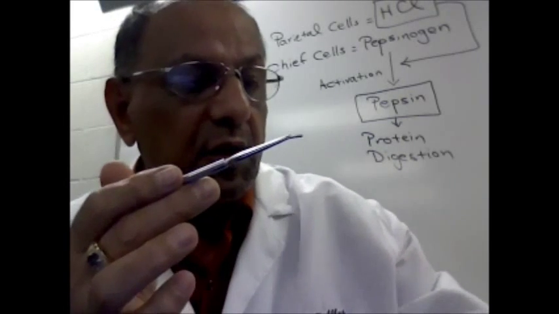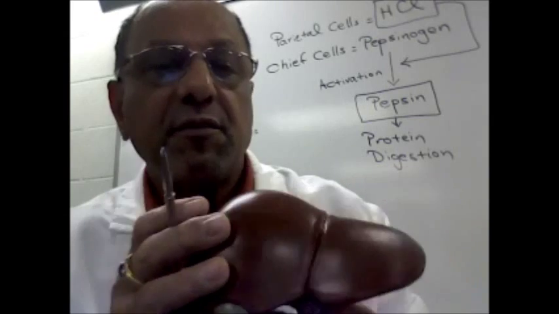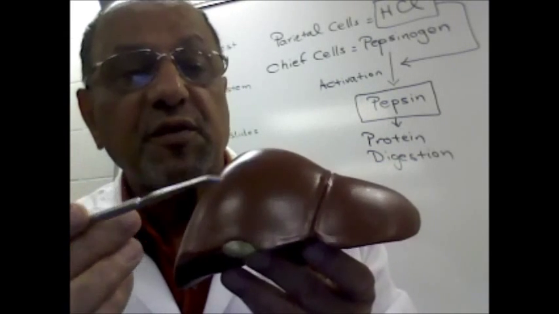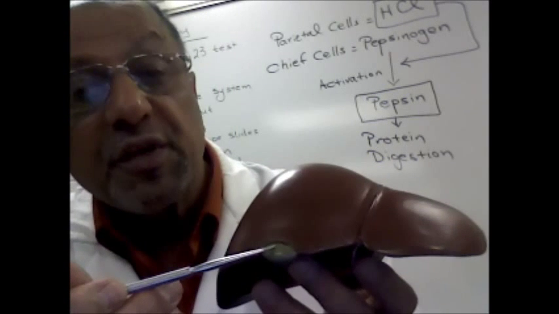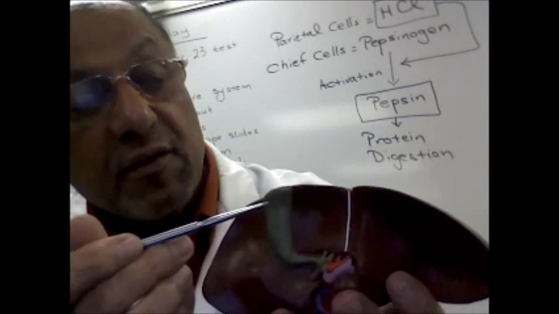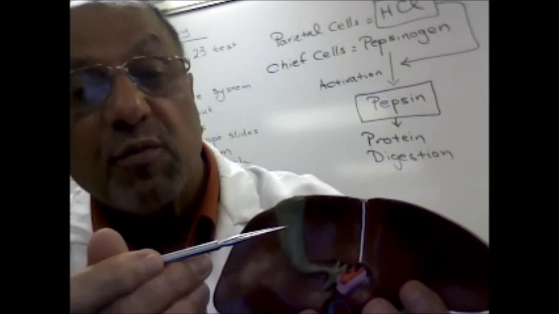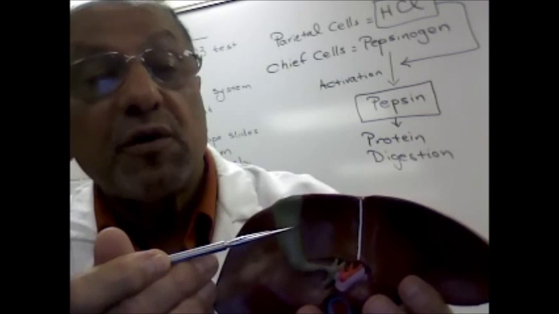The next part that we're going to look at is the liver. One of the things that you notice in the liver is the green portion in here, which is basically the gallbladder. And if we look at it on the other side, we see the gallbladder in here. The gallbladder stores the bile.